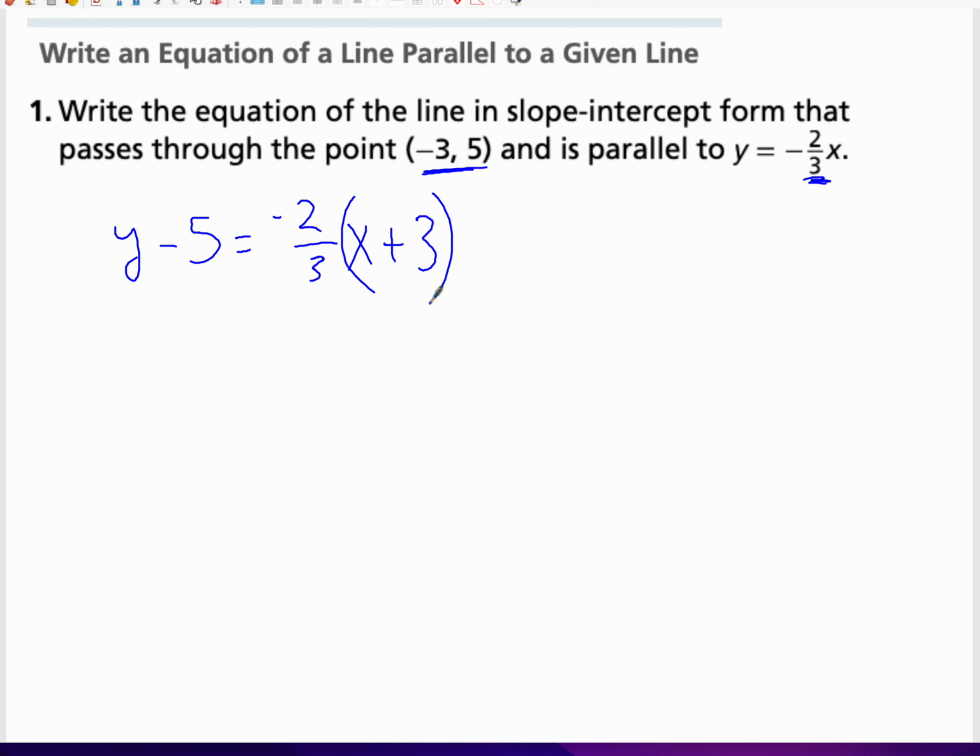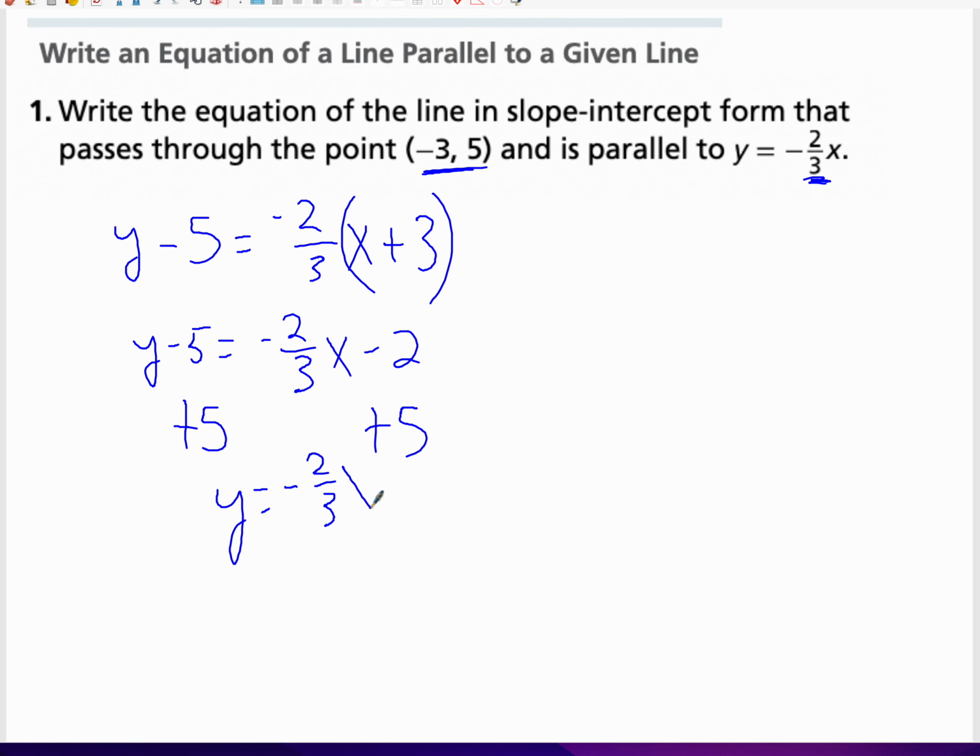All right, since it's a negative 3, we do that. Okay, 2 steps. Distribute, then get y by itself. So y minus 5 equals negative 2/3 x minus 2. Add 5 to both sides. y equals negative 2/3 x plus 3.